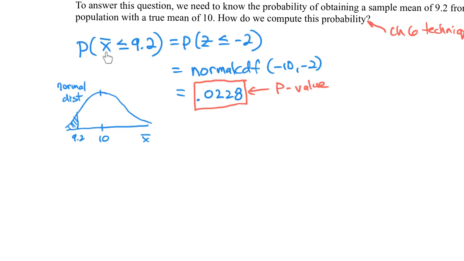The probability that x bar is less than or equal to 9.2 is this area right here. Now this right here is just this standardized. So we standardize that to get not just a normal distribution, but a standard normal distribution, where the mean becomes 0, and we are over here at -2. So this is a standard normal distribution.